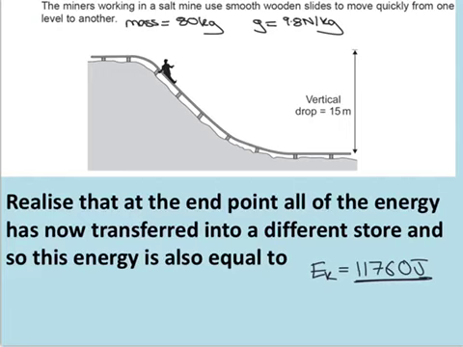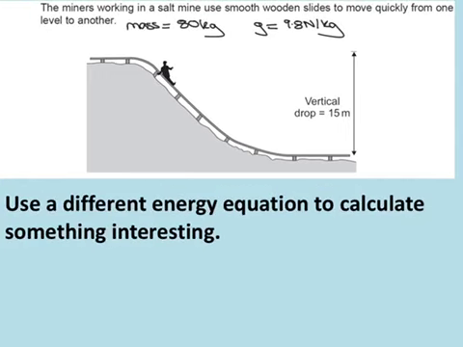Now comes our third step, where we can use the different energy equation to calculate something interesting, which in this case is the speed of the miner at the bottom of the ramp.